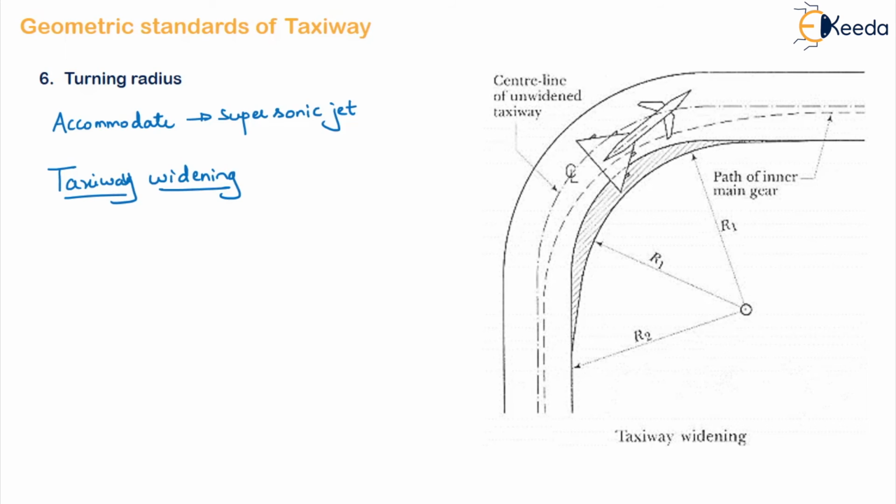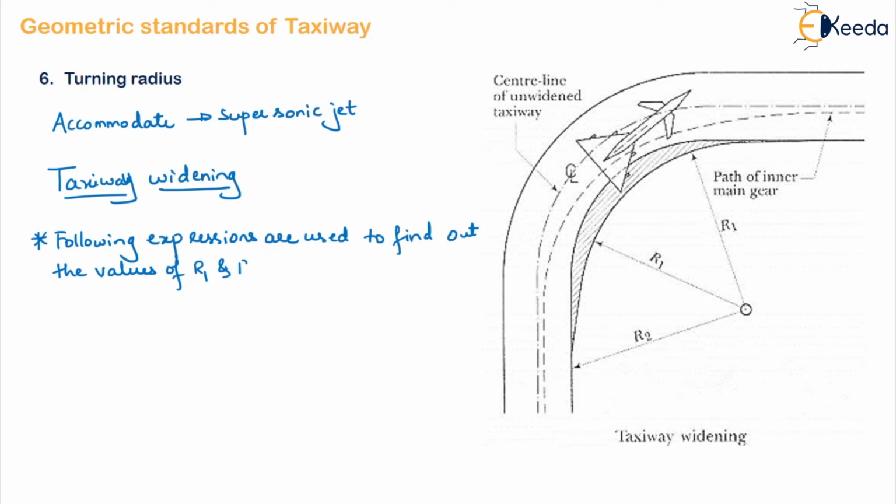If you observe, this is the center line of the unwidened taxiway. After widening, the path of the inner main gear is this dotted line. So what will be the expression? We can use the following expressions to find out the radius of widening required, that is, to find the values of R1 and R2.